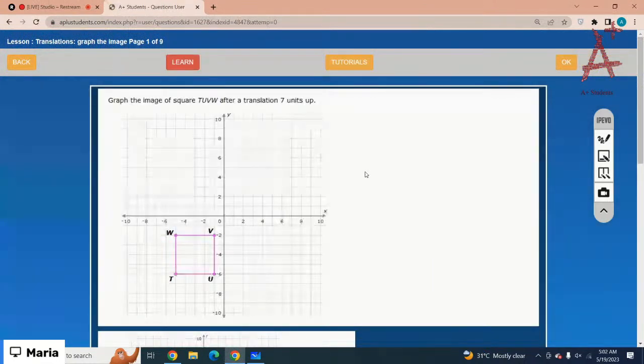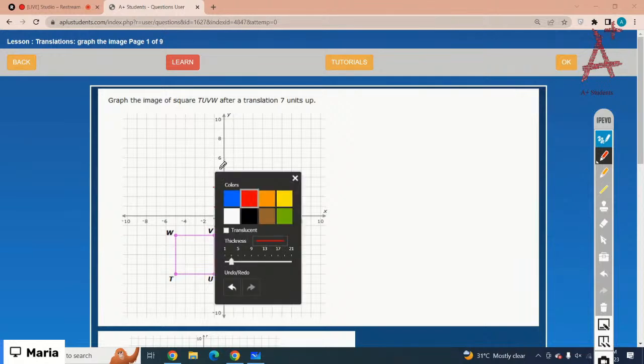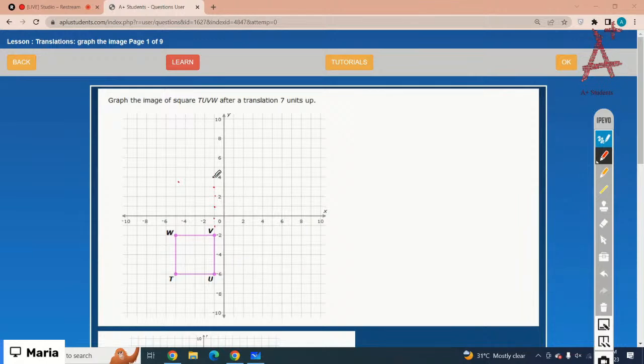Graph the image of square TUVW after a translation of 7 units up. So you have to move this point 7 units up. Start counting: 1, 2, 3, 4, 5, 6, 7. The V point is here, and again 1, 2, 3, 4, 5, 6, 7.